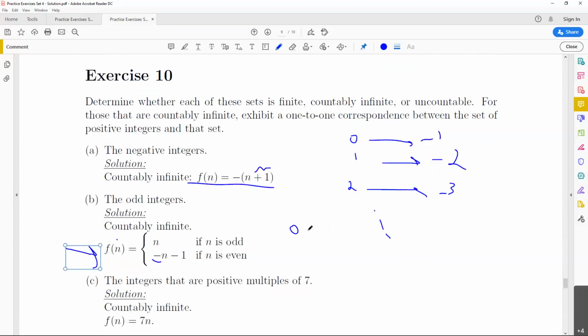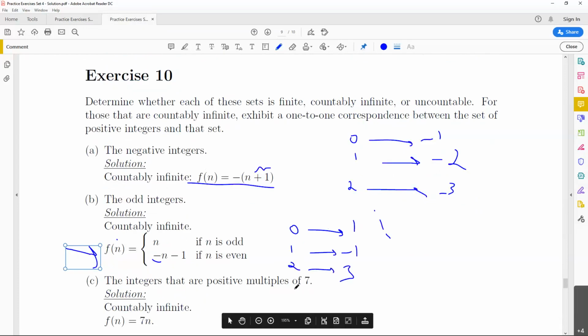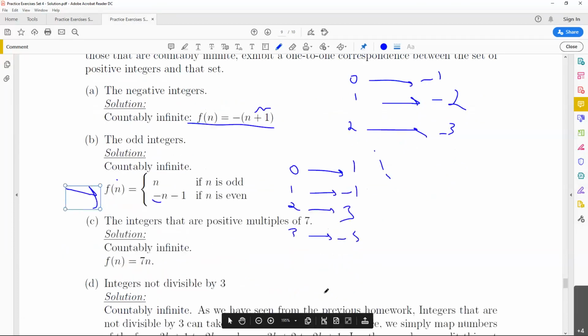So for example, 0 goes to, let's say, 1. Then 1 goes to minus 1. 2 goes to 3. 3 goes to minus 3, and so on. See how that works? So if it's 0, f of 0, 0 is odd?